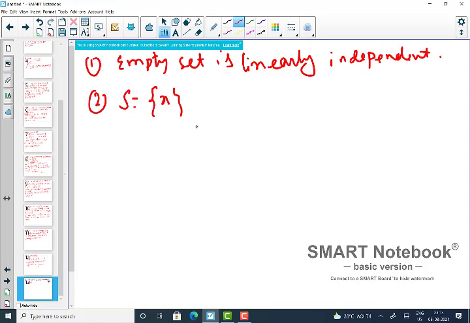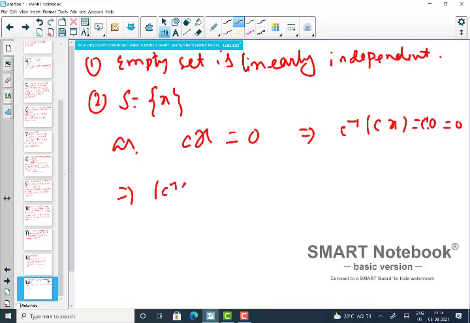Why? Because if it is linearly dependent, then for some constant c, the linear combination c x is 0. Since c is a constant inside F, c inverse exists. You multiply by c inverse, then the right side is c inverse times 0, which is 0. The left side is c inverse c x, but c inverse c is 1, so 1 times x equals 0.